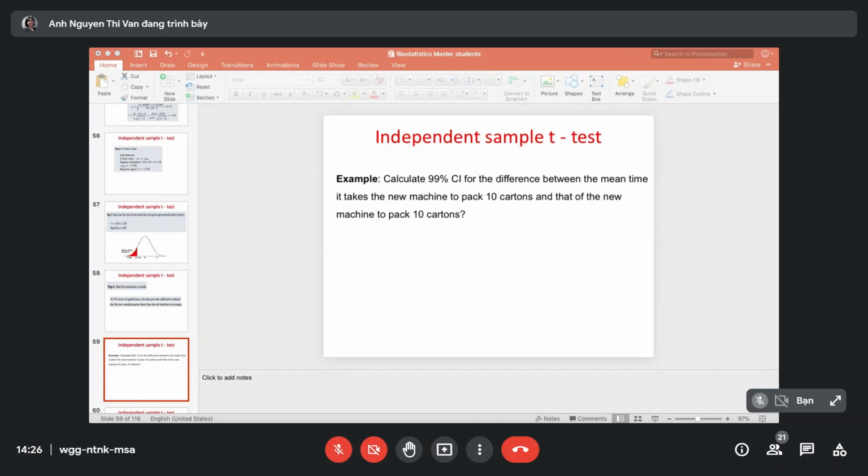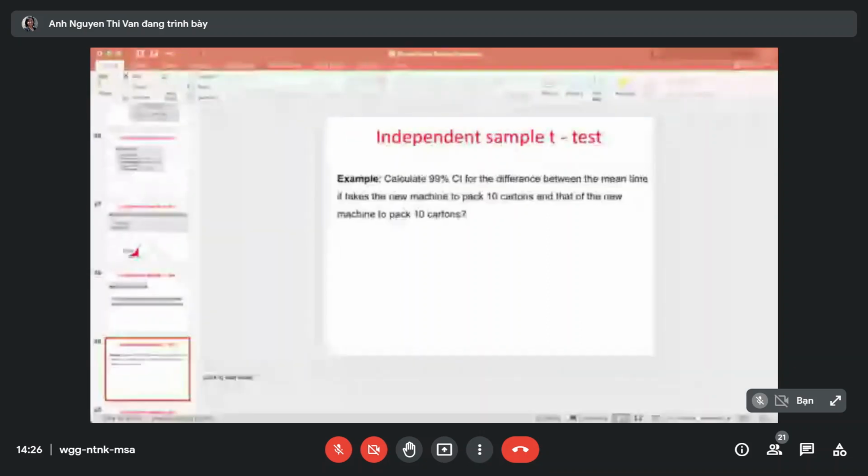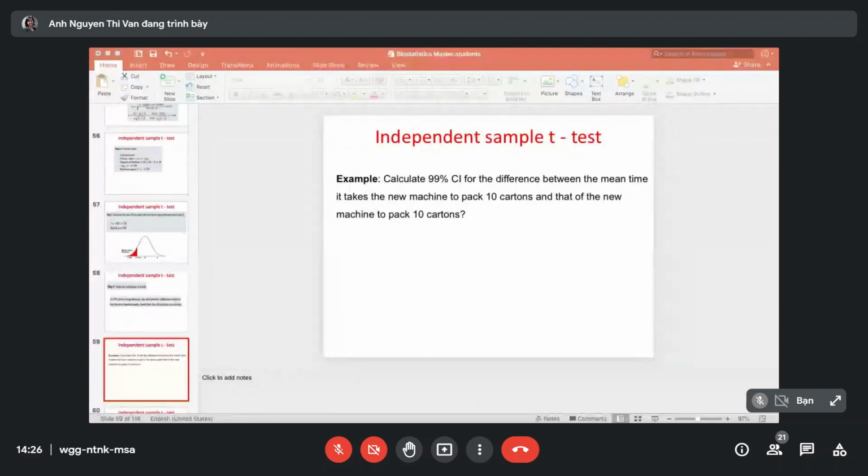Phạm Ngọc Hà, did you get the result? I have the same formula as Vân Anh and Hiệp, and I just found SP is equal to 0.7173. Okay, that is the SP. Yes, 0.717 is correct.